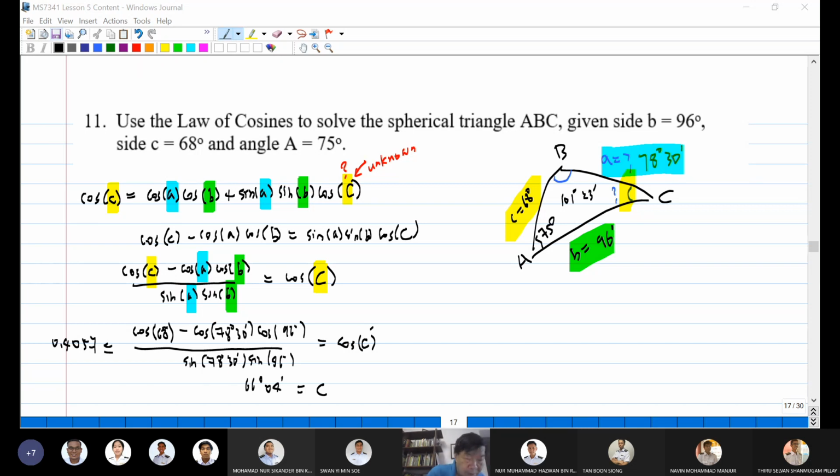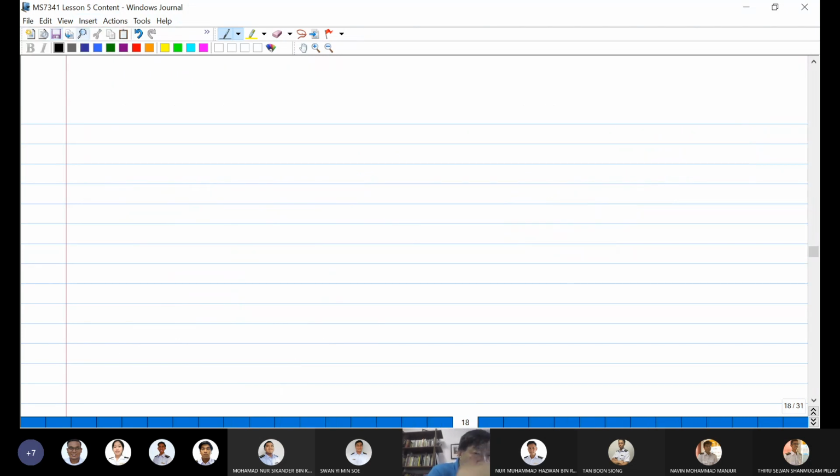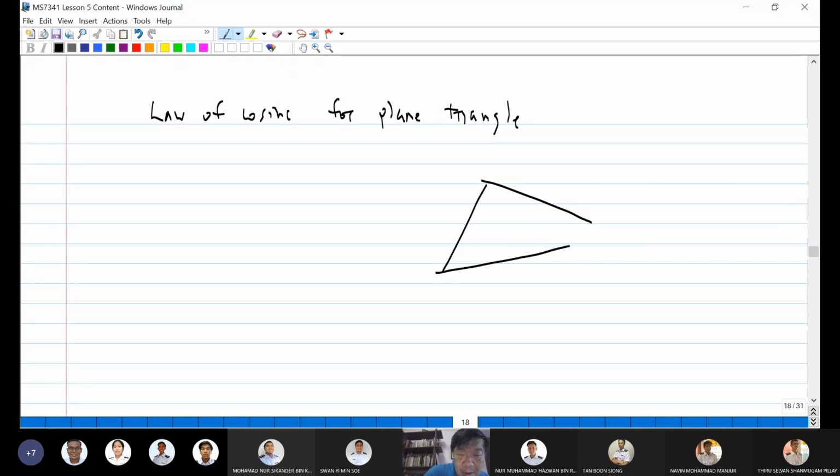Okay, before I move on, just to remind you, law of cosine in a plane triangle, because maybe you have forgotten already. Law of cosine for a plane triangle, what does it look like? Three sides A, B, C here.